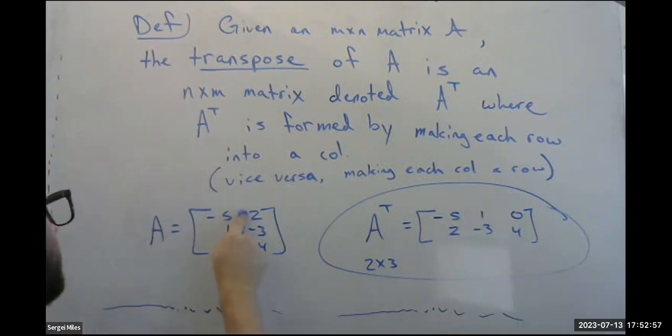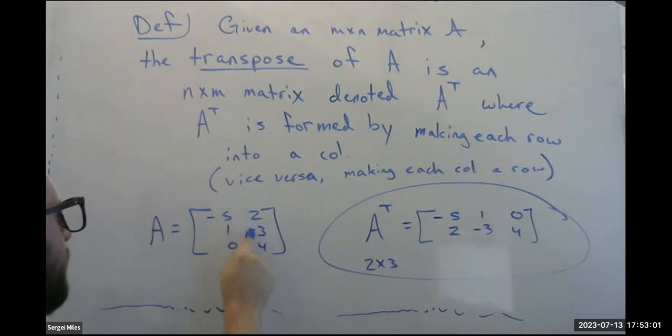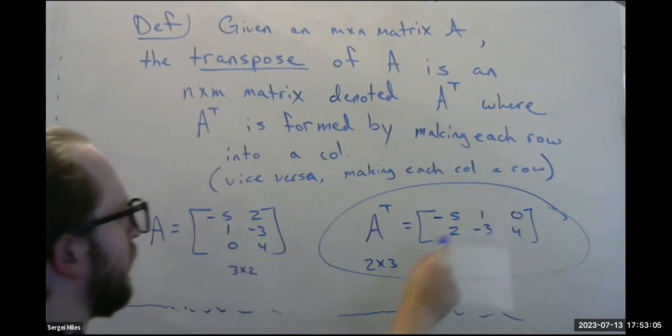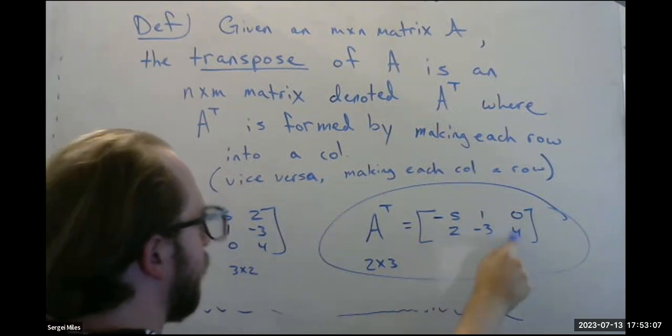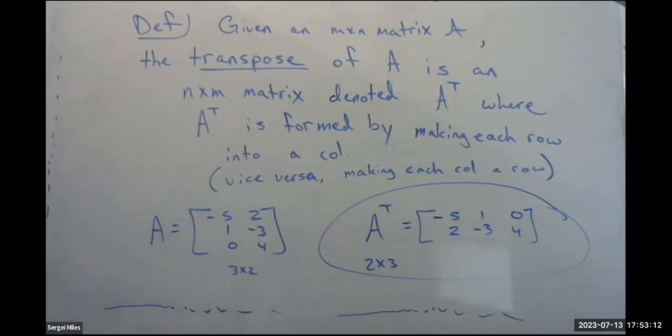Good. What's the second column of matrix A? 2, -3, 4. Good. Turn that into a row. 2, -3, 4, right? So in other words, how do you find the transpose? Your columns become rows and your rows become columns, right? That's what's happening here. All right, great.